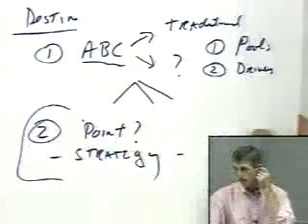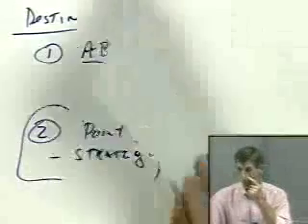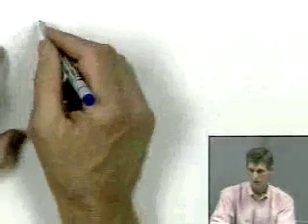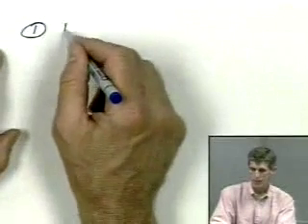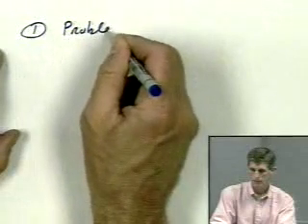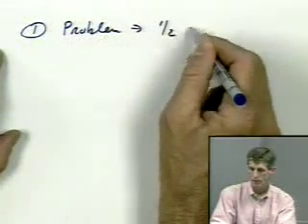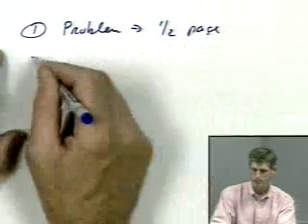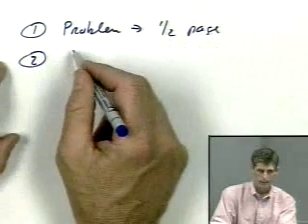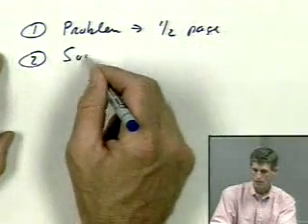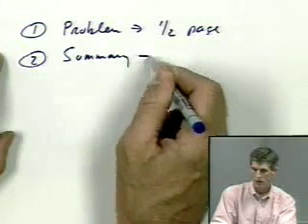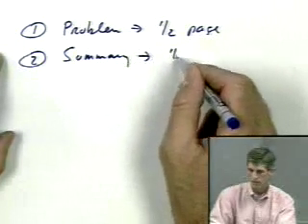Now here's what I expect, if you're going to do this Destin Brass case, which is completely optional. One, I'd like to see a statement of the problem, call it a half page. Two, I'd like to see an executive summary, call it a half page.